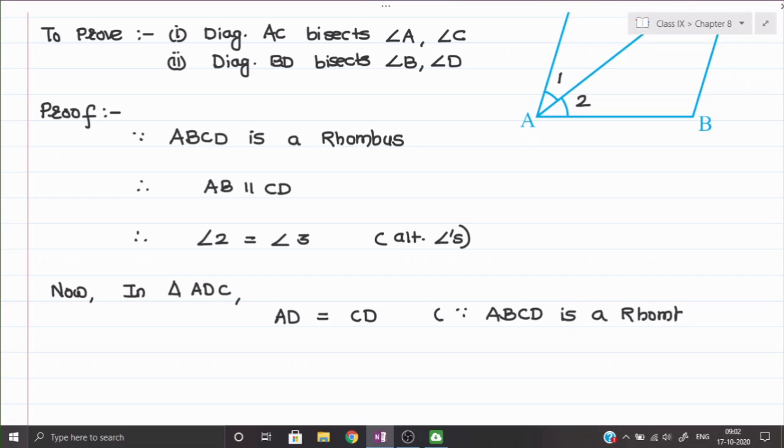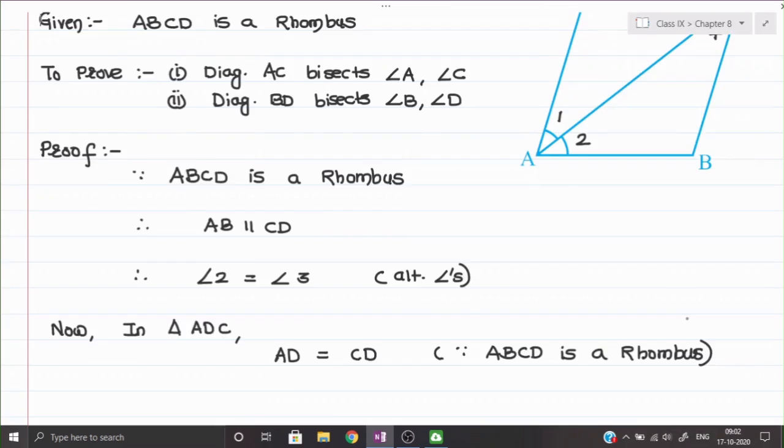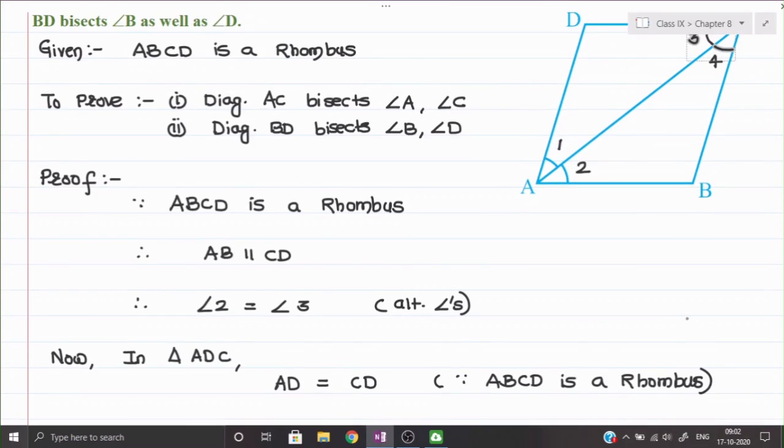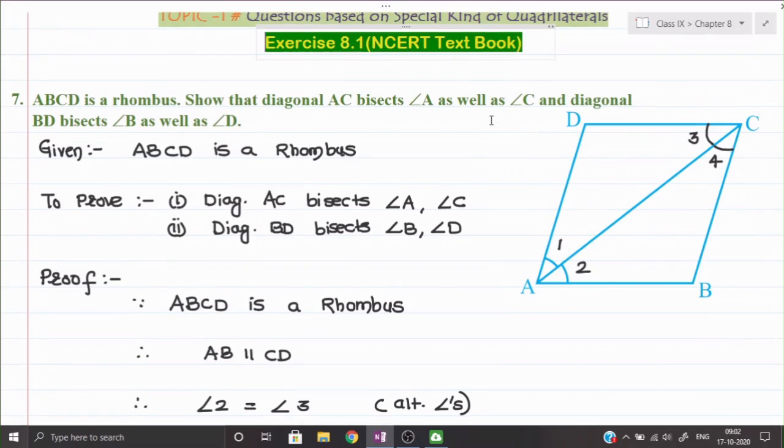Now if AD and CD are equal, we use the isosceles triangle theorem: if two sides are equal in a triangle, then the angles opposite to them are also equal.